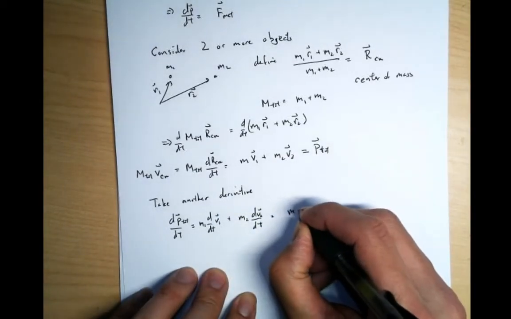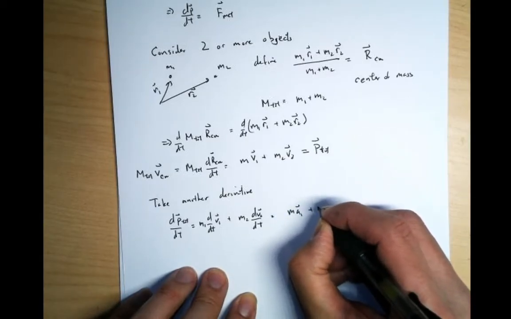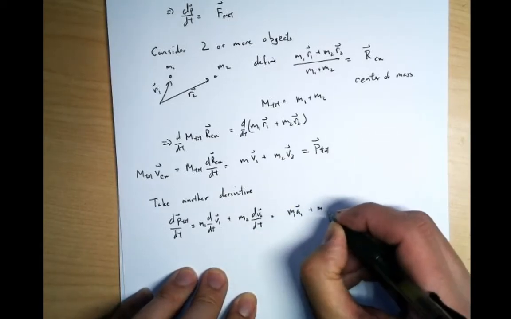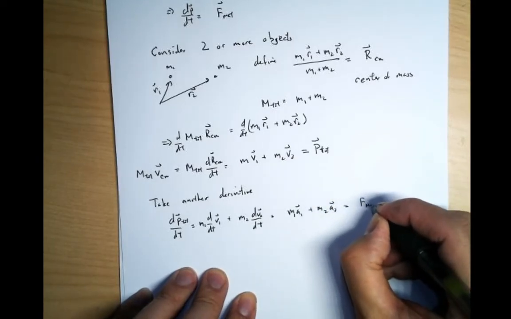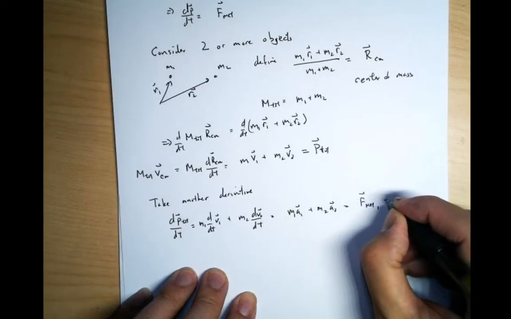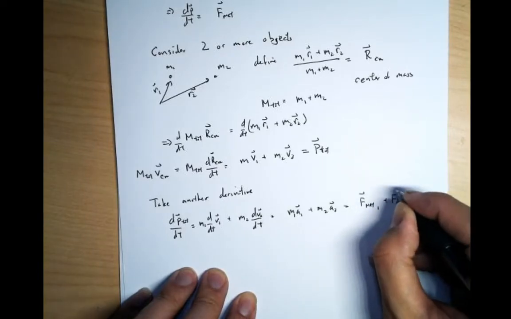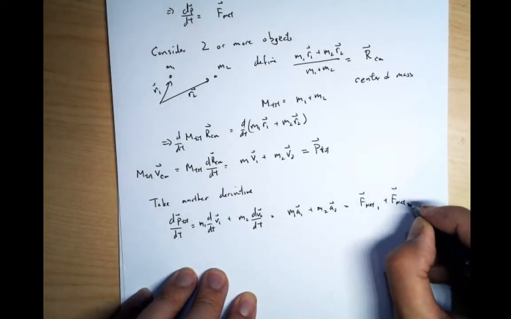That's just m1 a1 plus m2 a2, which is just the net force on one plus the net force on the other, right?